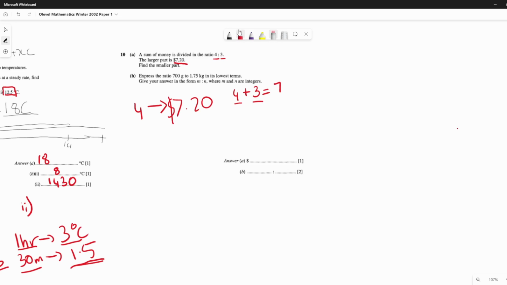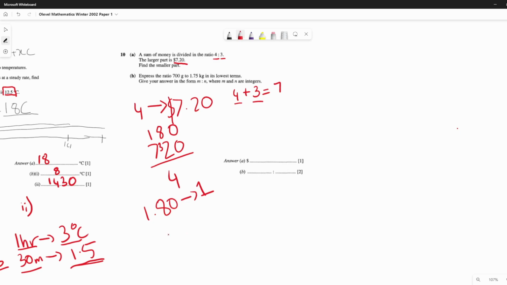We can do the same with 720, or let's just convert it into cents. So 720 cents divided by 4, which would be 4 sevens are 28, carry the 3, 32, 4 eights are 32, and this makes 180. So $1.80 is 1 part, right?